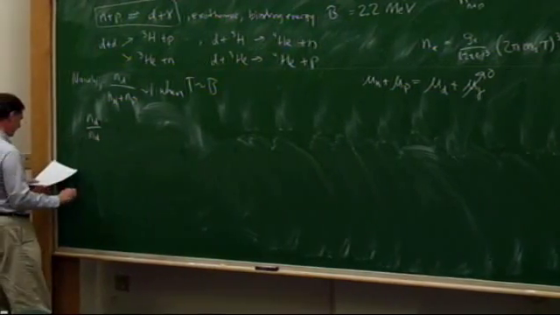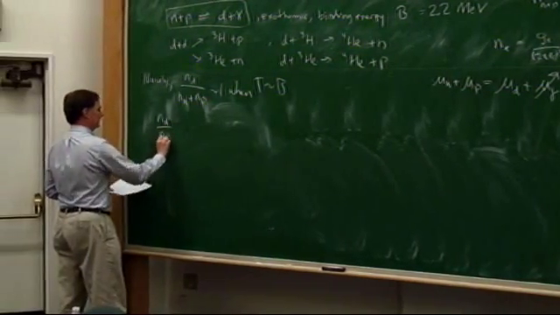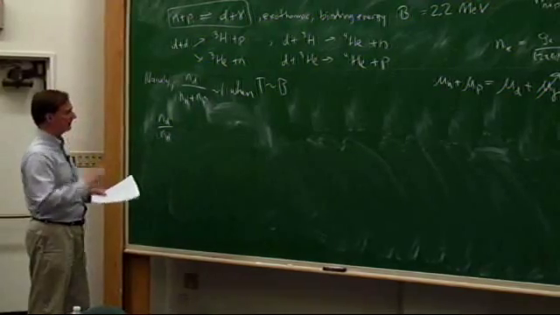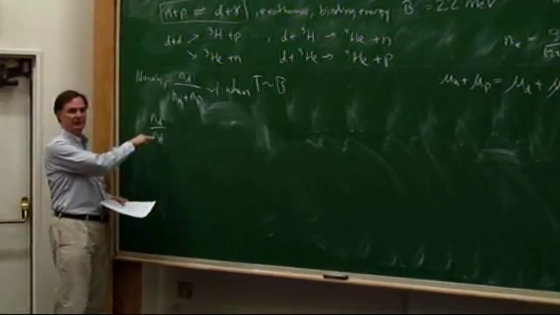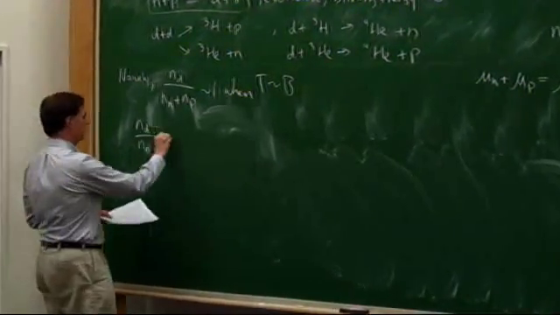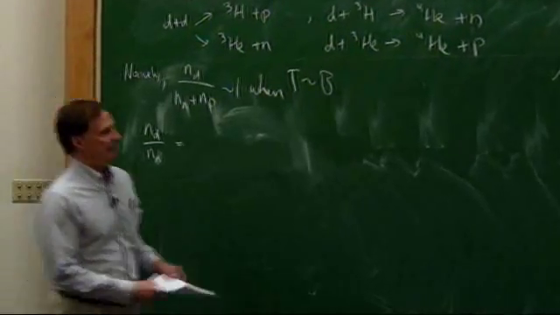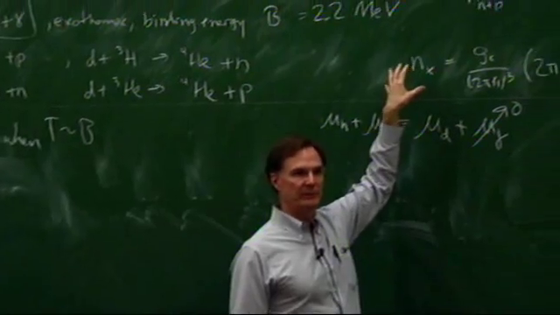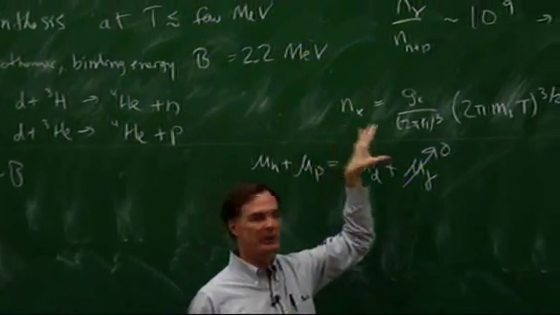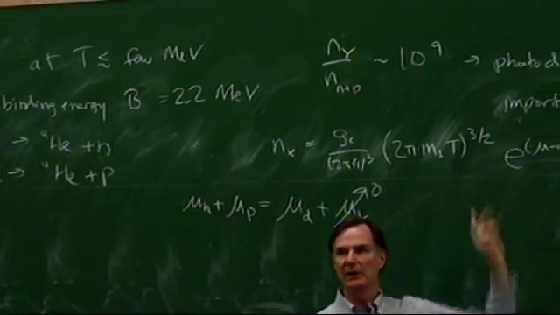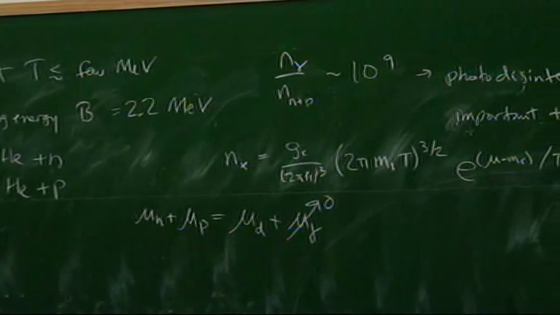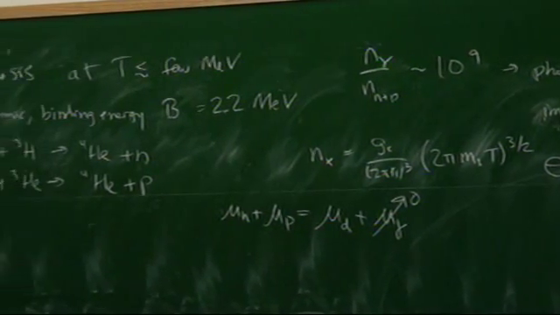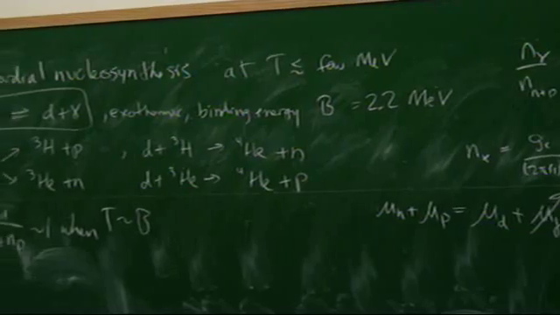in chemical equilibrium, for example, the ratio of the number density of deuterons to neutrons. And I have to take 3 of these n's, one for the protons, one for the neutrons, one for the deuteron, to eliminate the chemical potentials. But to make a dimensionless ratio, I need 2 pairs, so I'm going to introduce the photon number density as well.